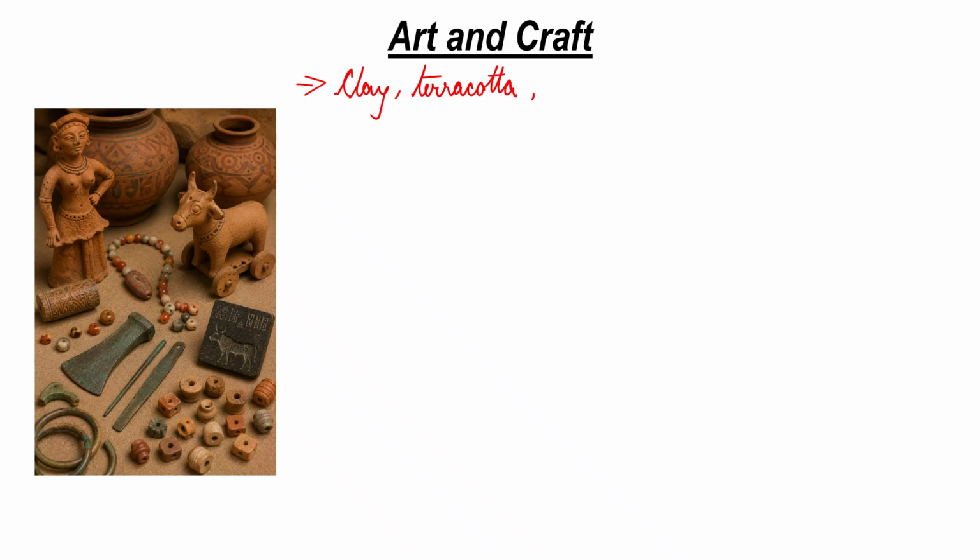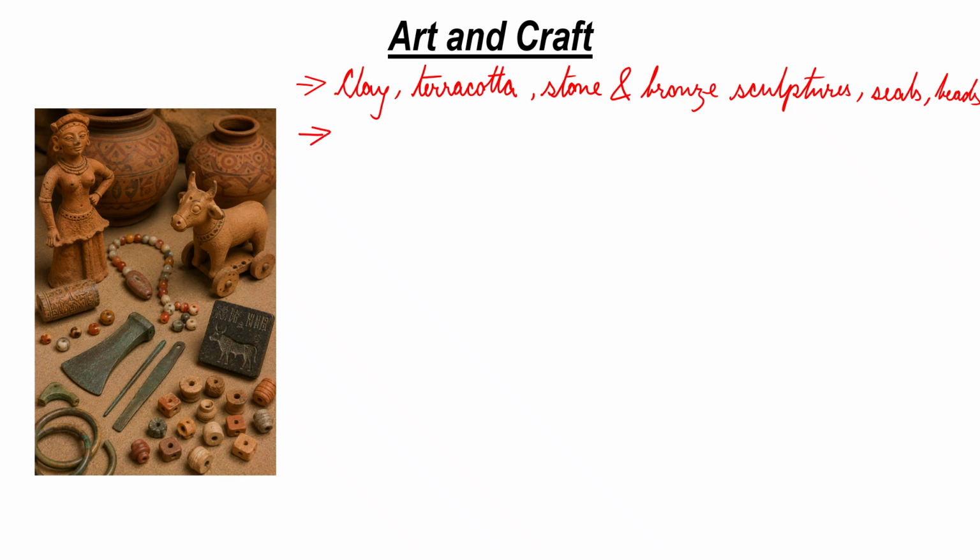They also have stone and bronze sculptures, along with seals and beads. So even though seals and beads were used for trade and ornament, they are obviously examples of art and culture.